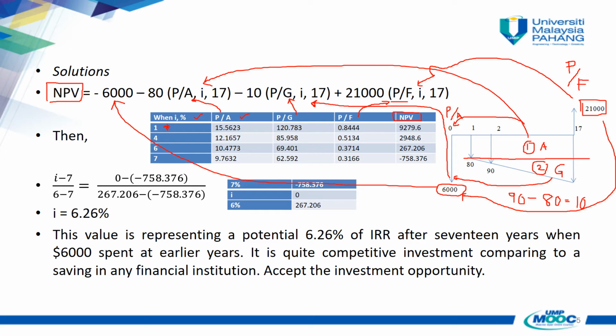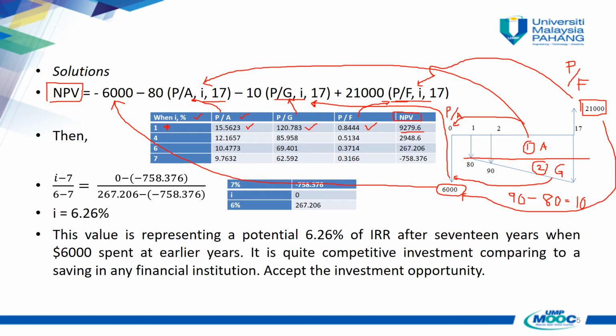Okay, so I'm opening the compound interest table at 1%, and then finding the value of P over A, the value of finding P when you know the G, and then finding P when you know the F. Okay, and then I insert all of these values in our equation here, and I will see that our NPV value will become 9,000 here, 9,000.